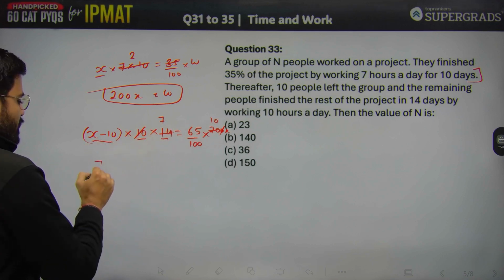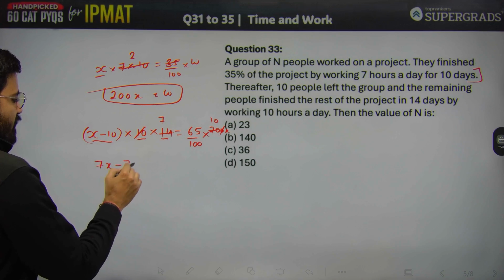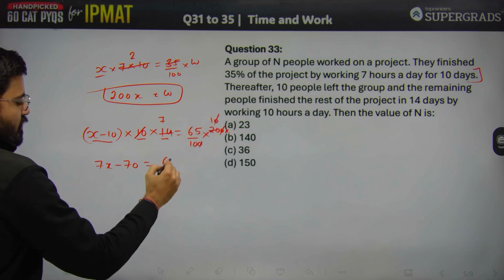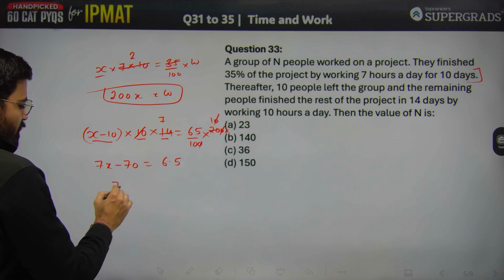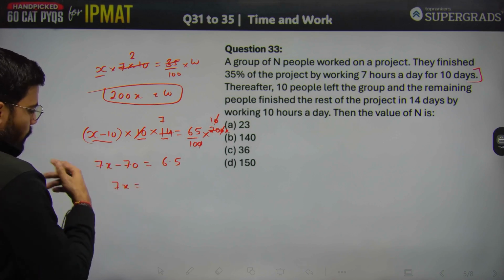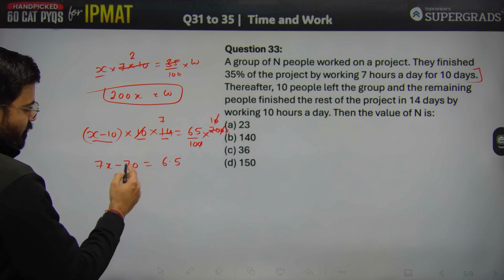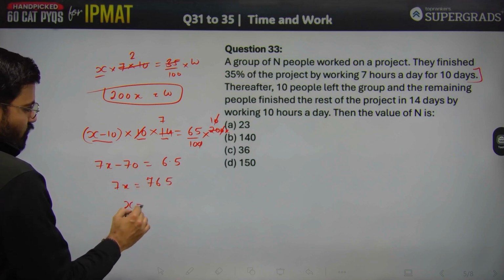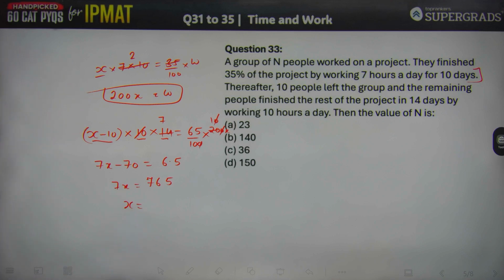Now I will get 7x minus 70 is equal to 6.5. So 7x is equal to 6.5 plus 70, that will be 76.5. So x is equal to 65% of the remaining work.